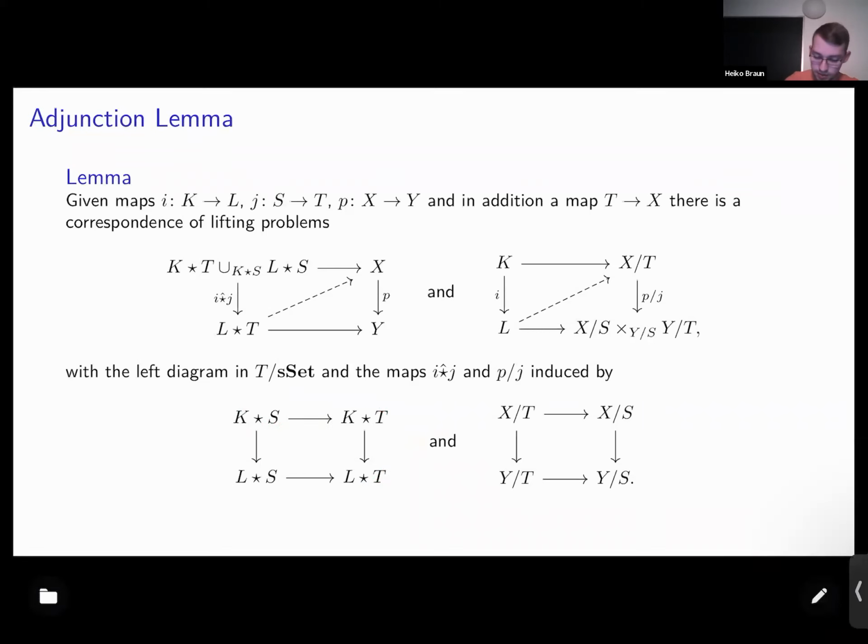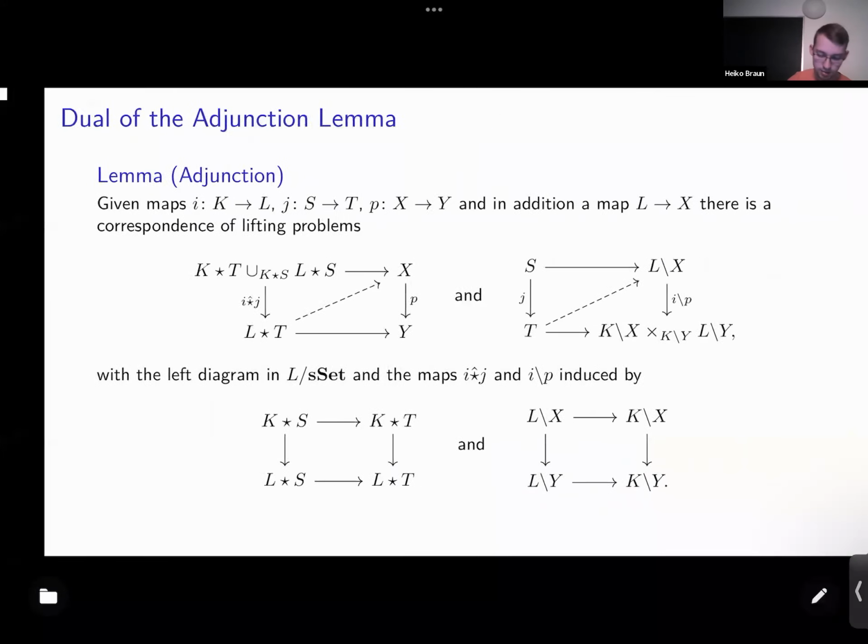And on the other side, this P slice J is induced by this diagram, which is also induced by the same maps, going to the pullback. It's a little technical lemma that these are actually adjoint. It's not too important now, we won't prove this exactly, but just state the dual lemma instead, which is just everything turned around.